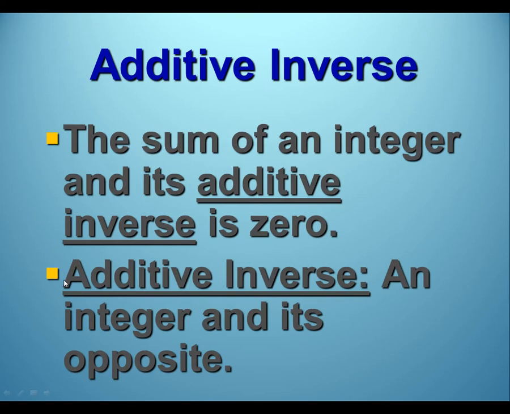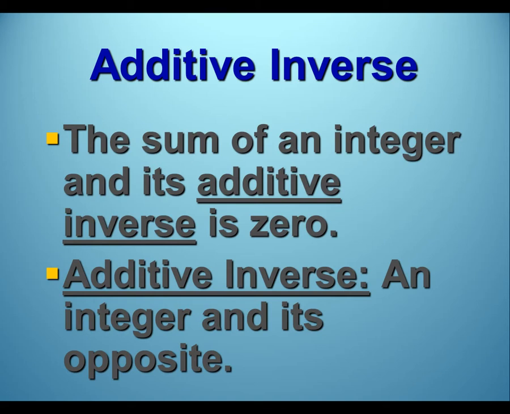Subtracting integers. The additive inverse. And this is the way we're going to be able to subtract integers and still have it make sense to us. The sum of an integer and its additive inverse is 0. The additive inverse is an integer and its opposite. And as you're writing, what is an opposite? Can someone remind me? Negative, yeah.